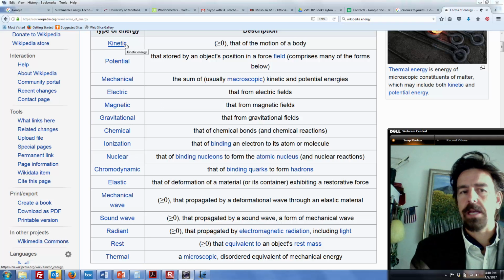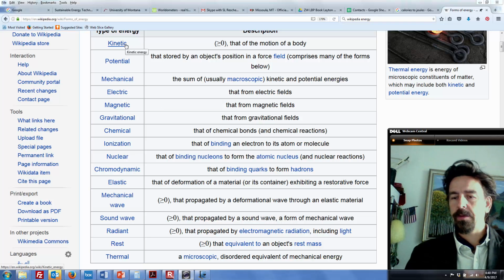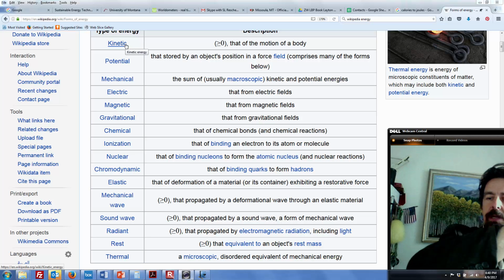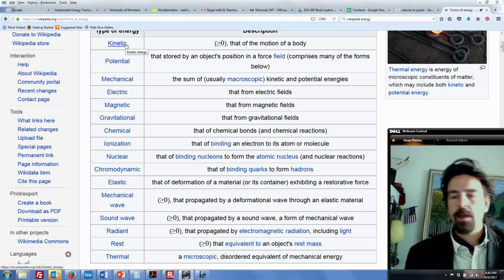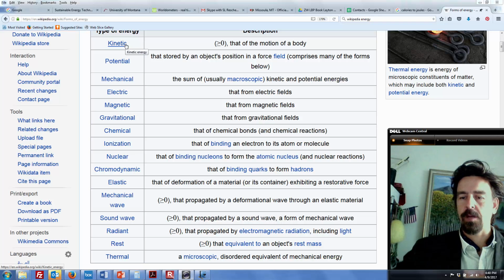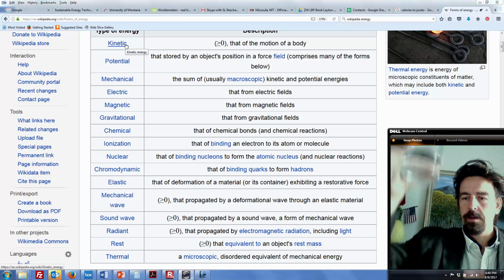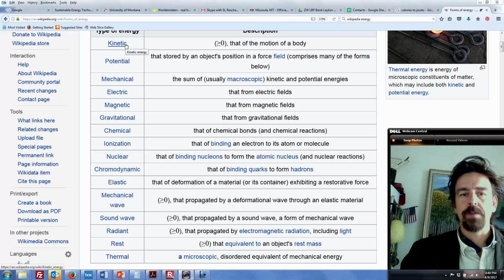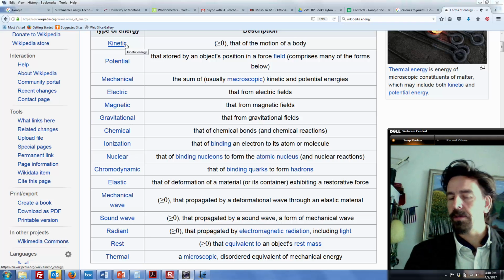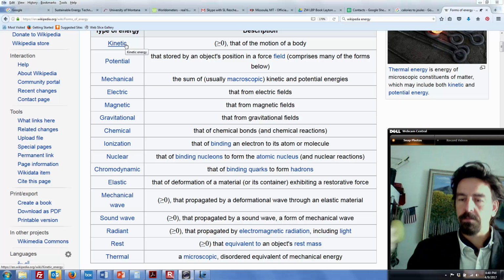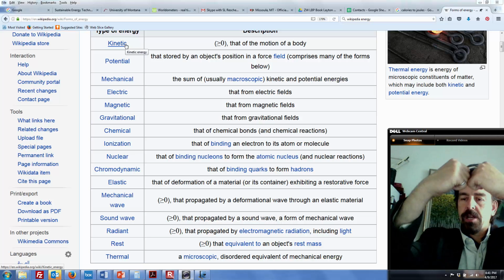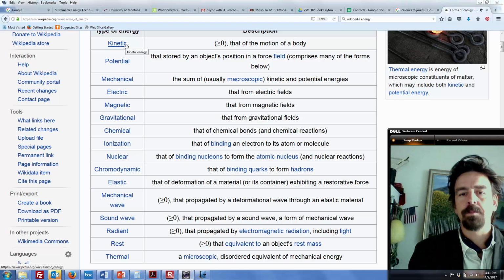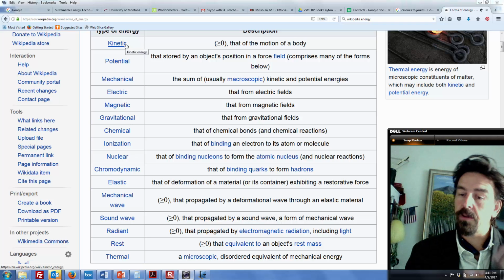So, kinetic energy means something moving. That's kinetic energy. Potential energy, that's what we saw before. So here's to go up. Potential energy. Mechanical energy is both. It's kinetic plus potential. It's both together, mechanical. Electrical, we covered that last time.